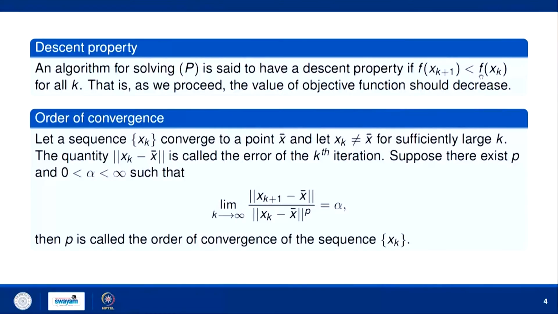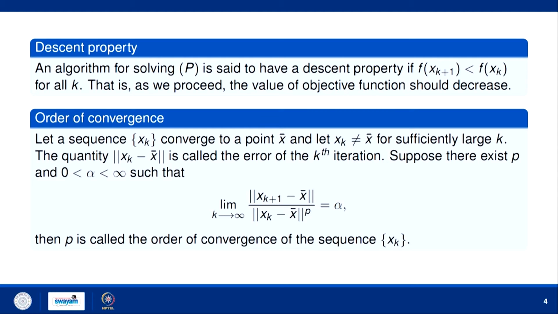If it is a maximization type and f at x k plus 1 is more than f at x k, then we say that it is an ascent direction. An algorithm for solving P is said to have a descent property if this inequality holds for every k, that is, as we proceed the value of the objective function decreases.